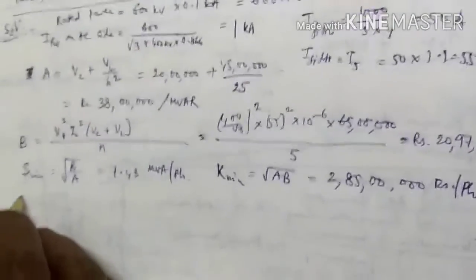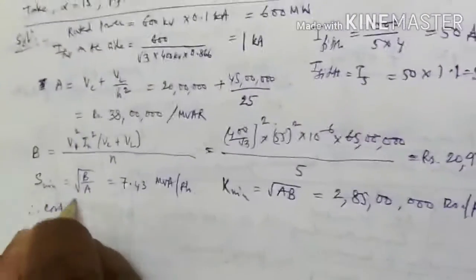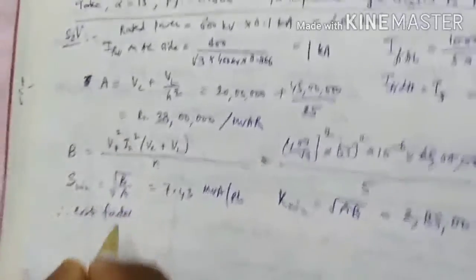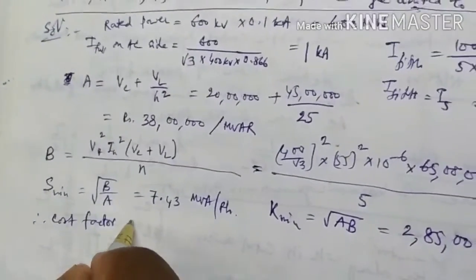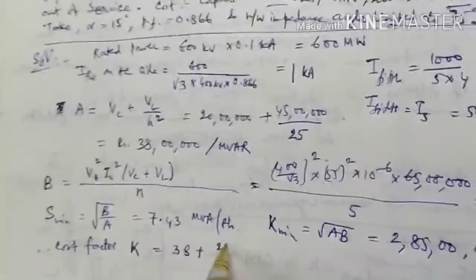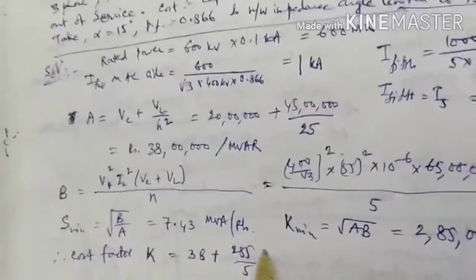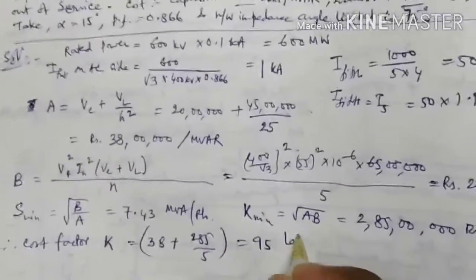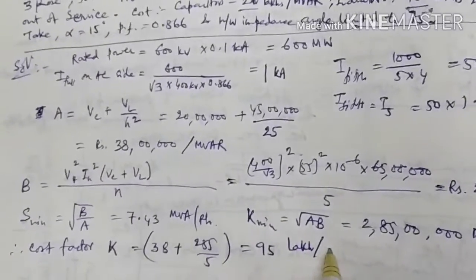So the cost factor K will be equal to 38 plus 285 by 5. So that will be equal to 95 lakhs per phase.